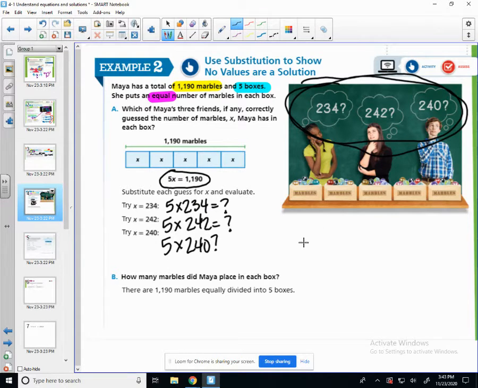So how many marbles did she place in each box? So if there's 1,190 marbles divided into 5 boxes, let's do our math. 1,190 divided by 5. Good, 238.